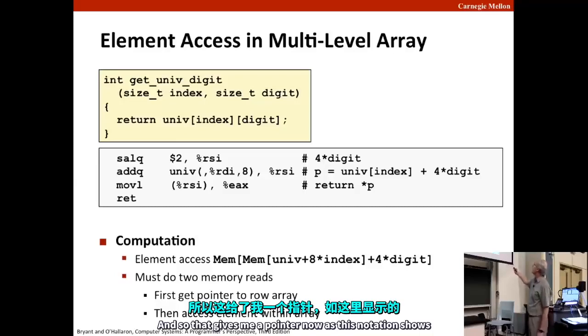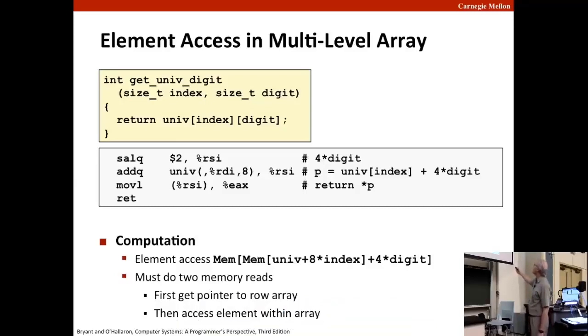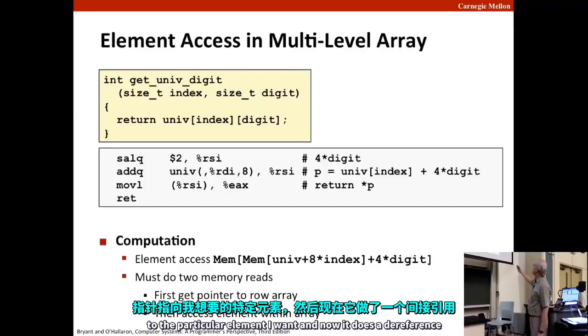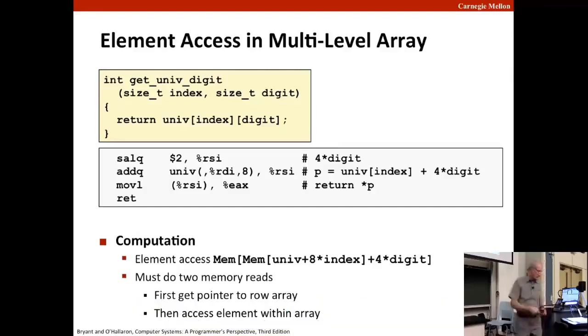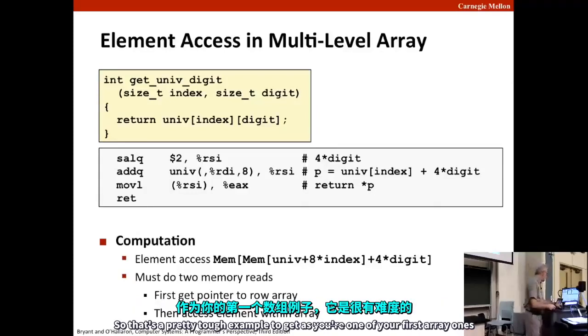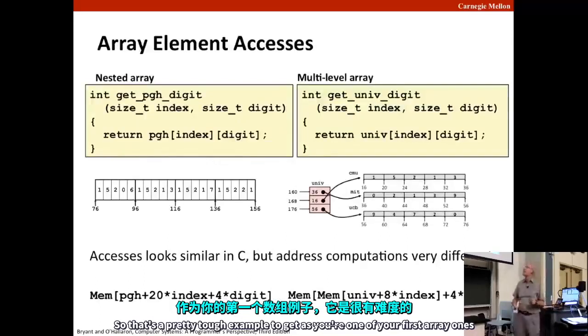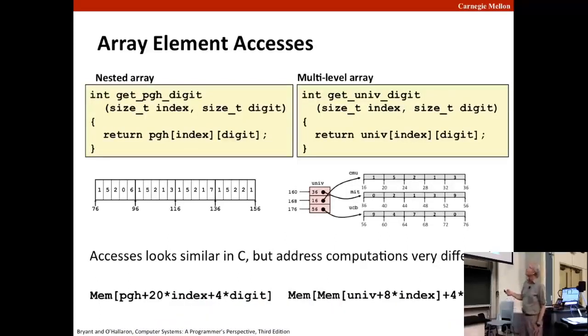And so that gives me a pointer now, as this notation shows, to the particular element I want, and now it does a dereference. So that's a pretty tough example to get as one of your first array ones.